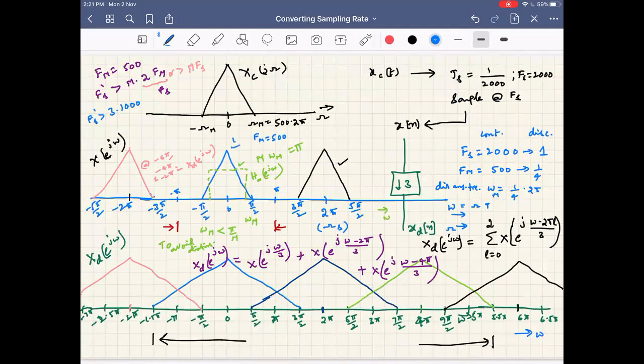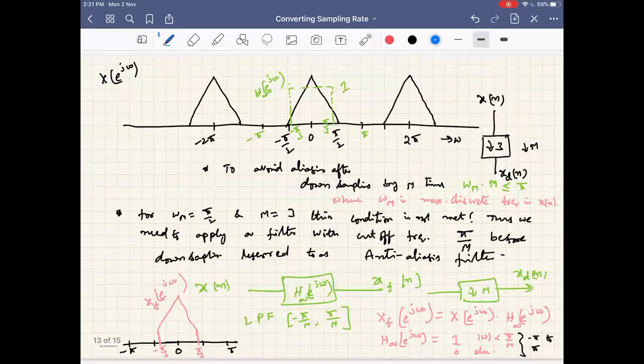So this is 1 by T and this is 1 by MT, that's the height. It is 1 by T everywhere, and this is 1 by MT. This is only filtered, so here it is still 1 by T.